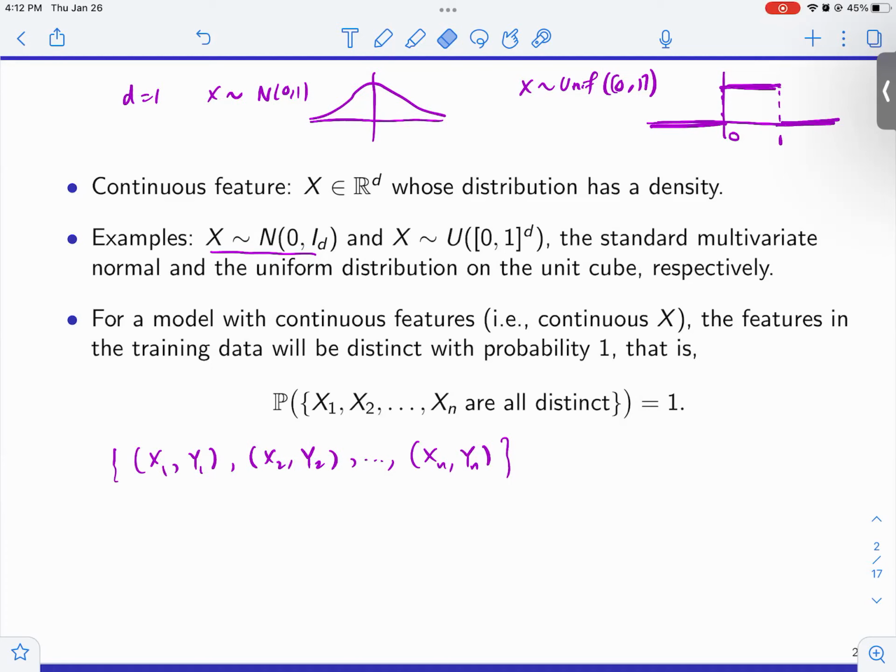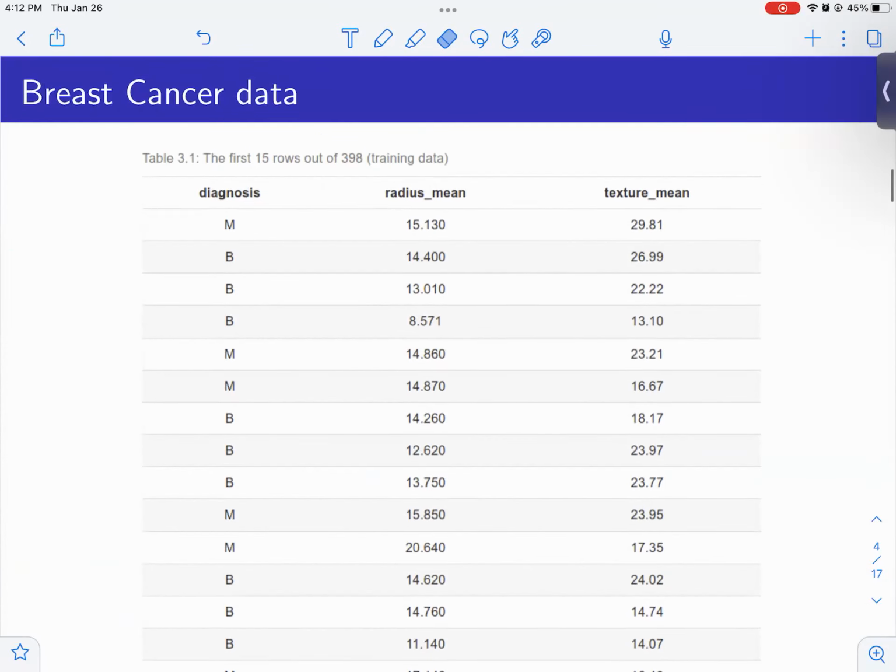And this is what usually happens when you have real-valued covariates or features as well. So I have a new data set here, the so-called Wisconsin breast cancer data, another famous machine learning data set. There's a response, a diagnosis.